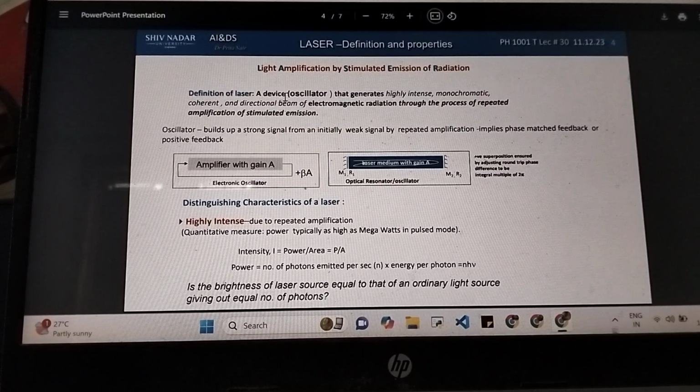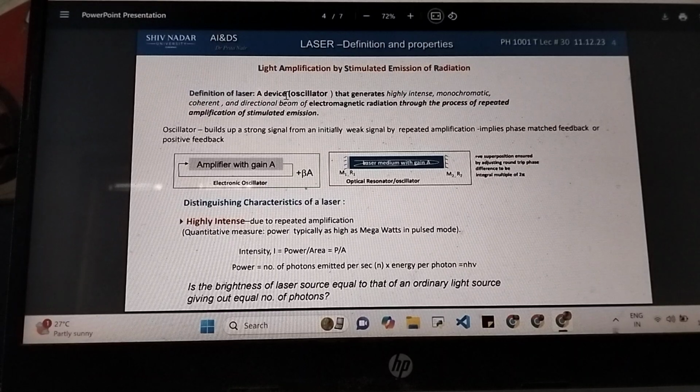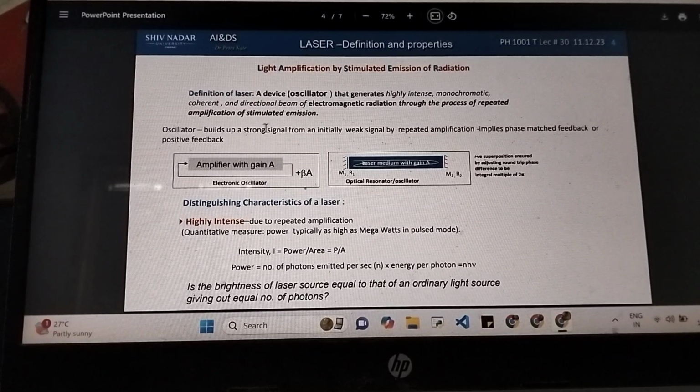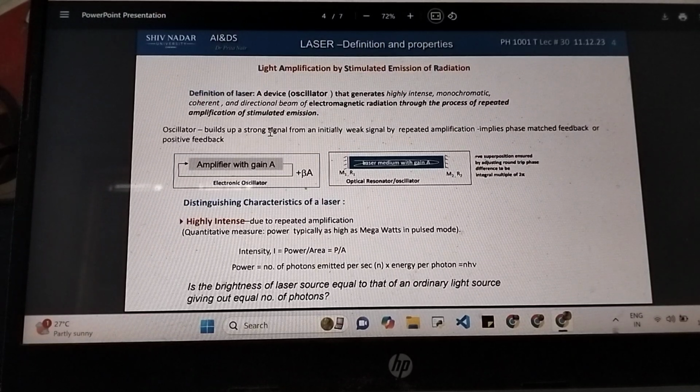Another term which can be used interchangeably with the word device is oscillator. And why can a laser also be called an oscillator? An oscillator is something that builds up a strong signal from an initially weak signal by repeated amplification, and that is what a laser does, right? Stimulated emission is responsible for generating photons or electromagnetic particles.